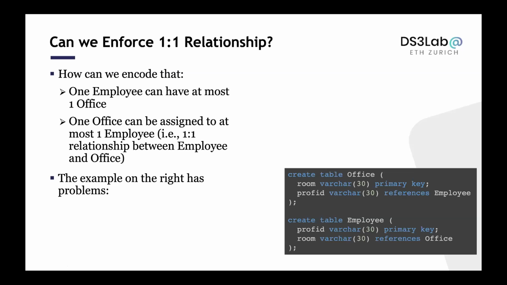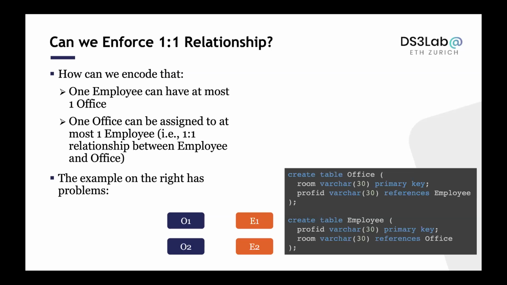In this case, it's actually very interesting. It does not. Let's look at one example. Assuming I have two offices, O1 and O2, and two employees, E1 and E2. The following case is possible in your schema.